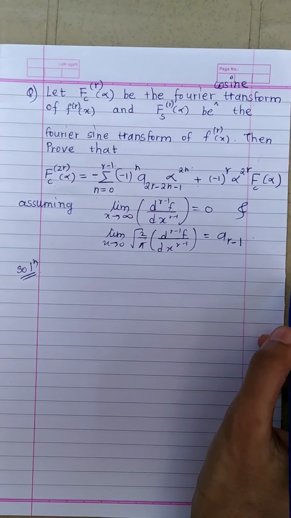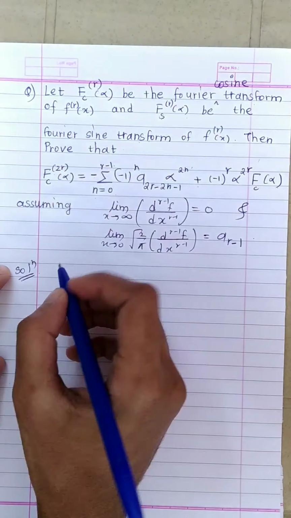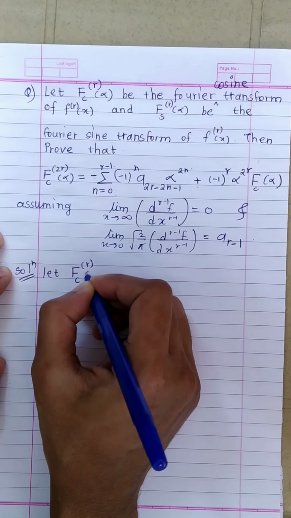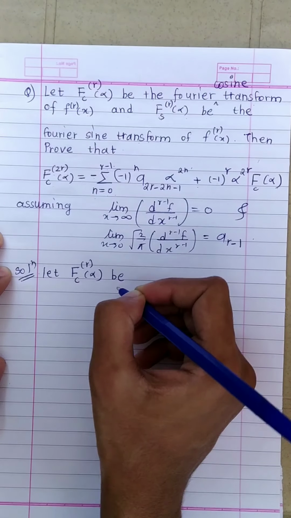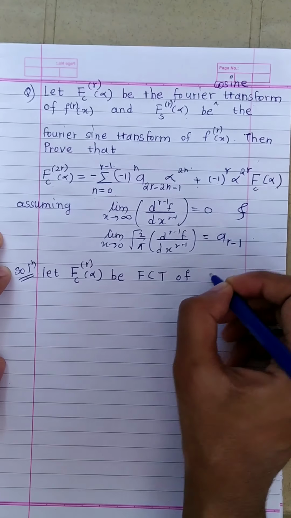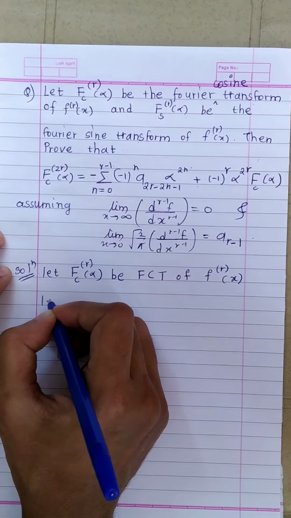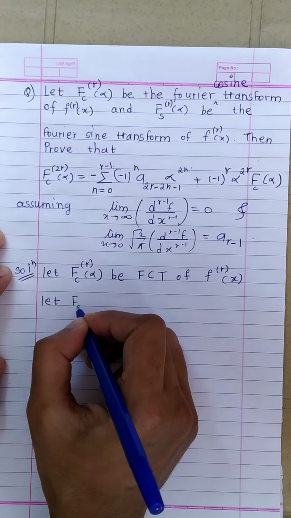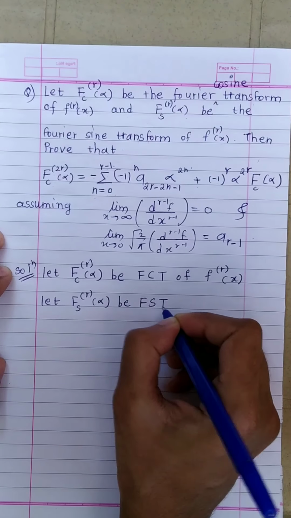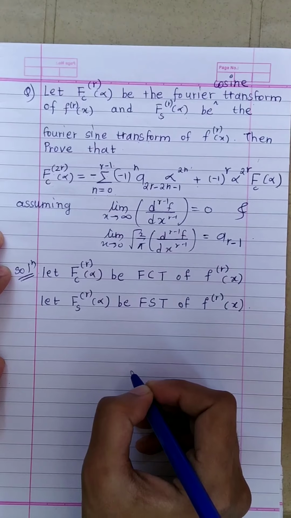Let us start with the proof. What we have said: let F_c^r(alpha) be the Fourier cosine transform of the rth derivative of the function f of x, and let F_s^r(alpha) be the Fourier sine transform of the rth derivative of the function f of x.